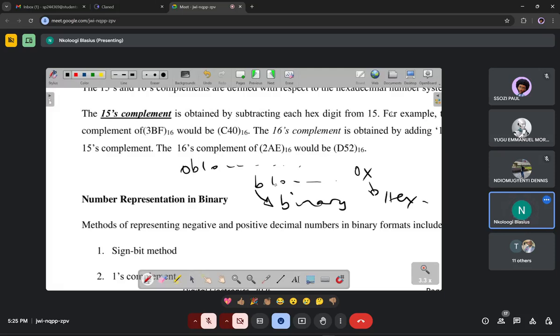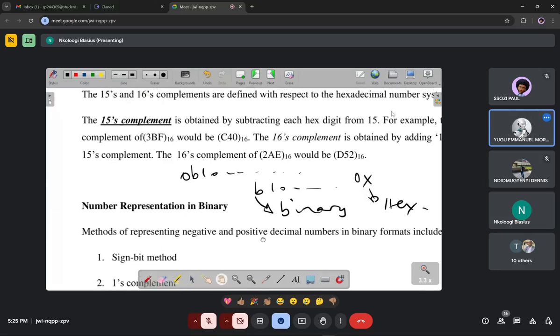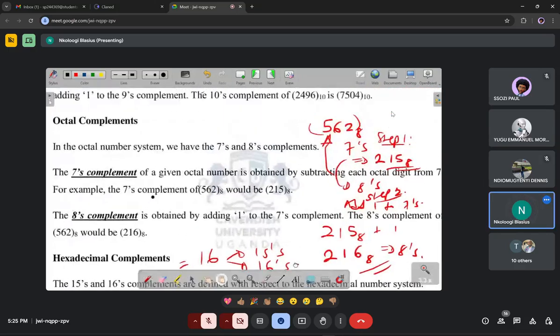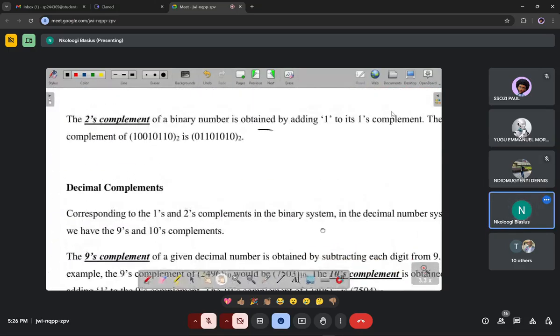Yes, please. Yes, just maybe a little to where the two's complement, where there is a 1101111. Where? In the ones complement.